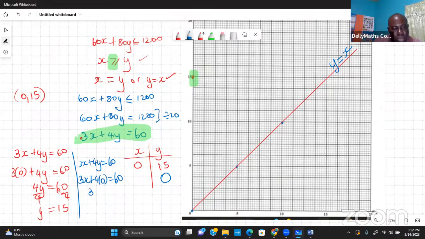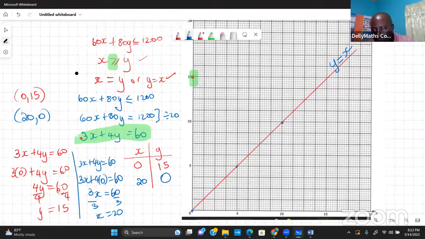Then 3x equals 60. Divide by 3, x is 20. So when y is 0, x is 20. Another point is 20, 0. So I go and find 20, 0 right here.